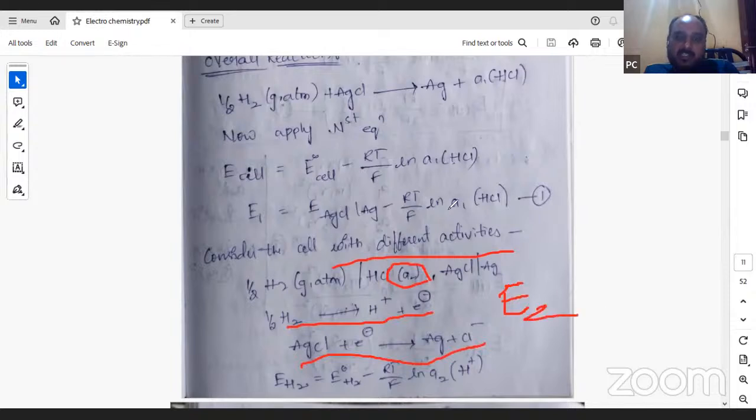So for activity A1 we get E1, and for activity A2 we get E2. By combining E1 and E2 we can get the overall solution we want, which we will see in the next slide.